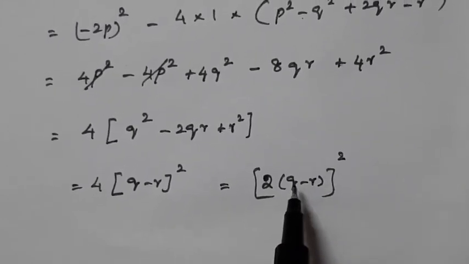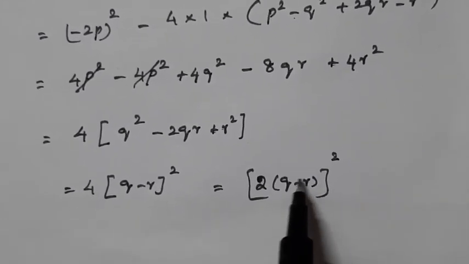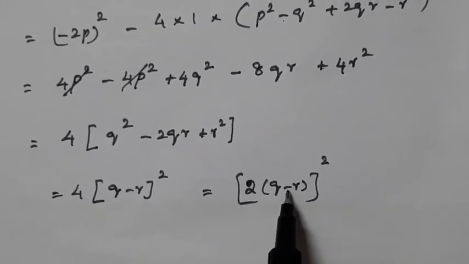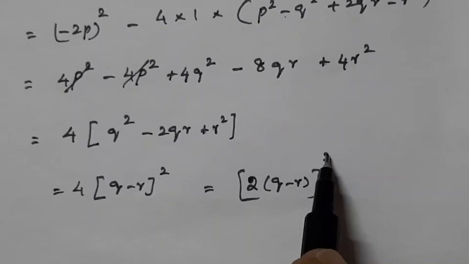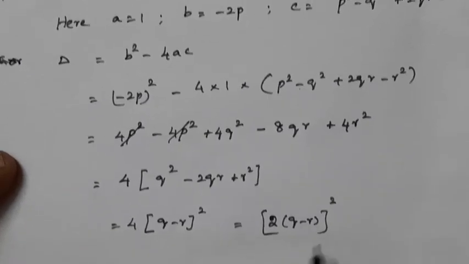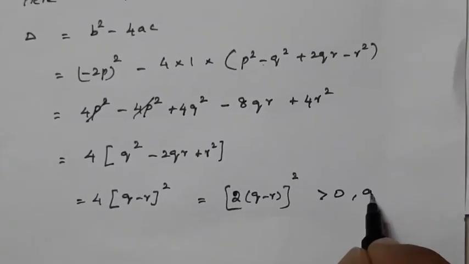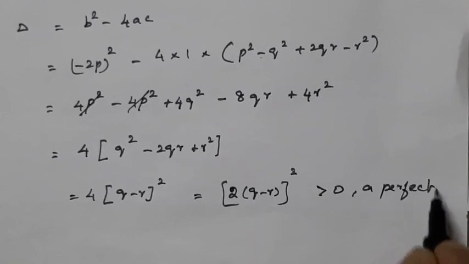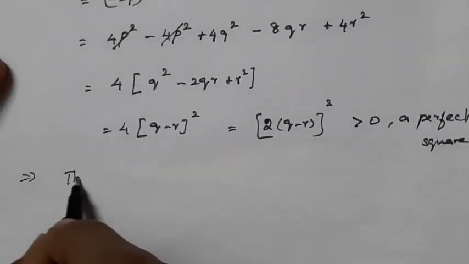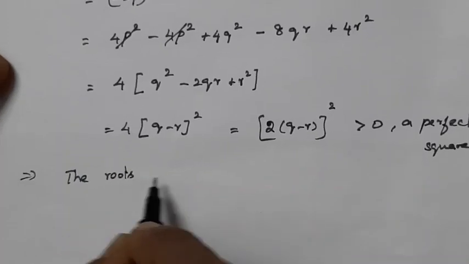Whatever the values of q and r, q minus r will be positive or negative, but on squaring it is going to be a positive quantity, and moreover whole square means it is a perfect square. That means that delta is a positive quantity and also a perfect square, that is greater than 0, a perfect square. And this implies that the roots are rational.